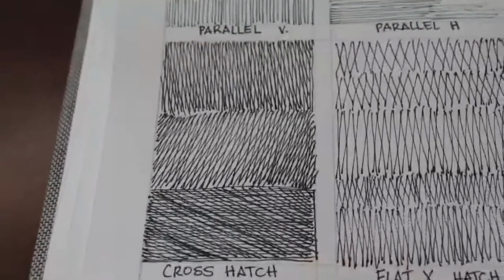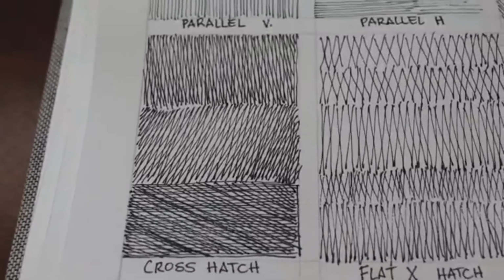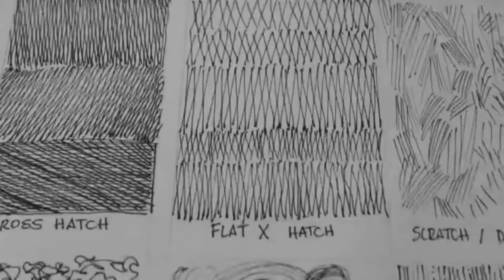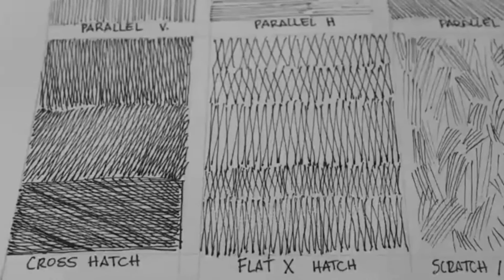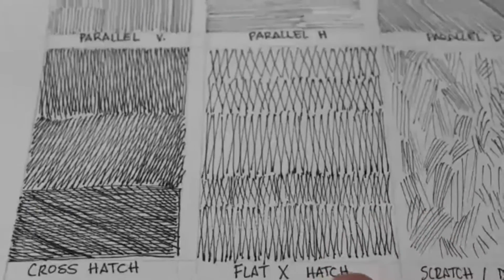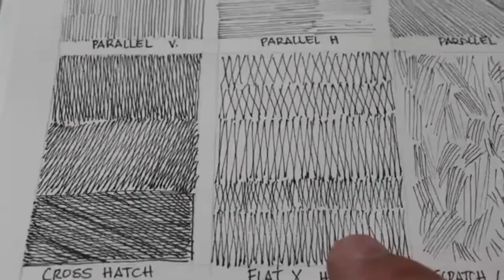So we have the cross hatch, which is very familiar. I'm sure you've heard of it before. You see it almost everywhere. We have the flat X hatch, which is almost a cross hatch, but as you notice, it creates a different texture, and you could do tons of variations with it.